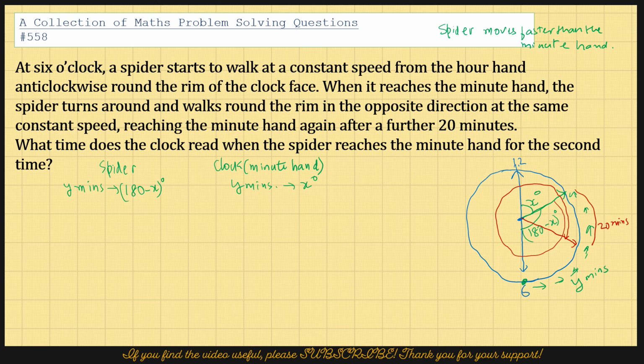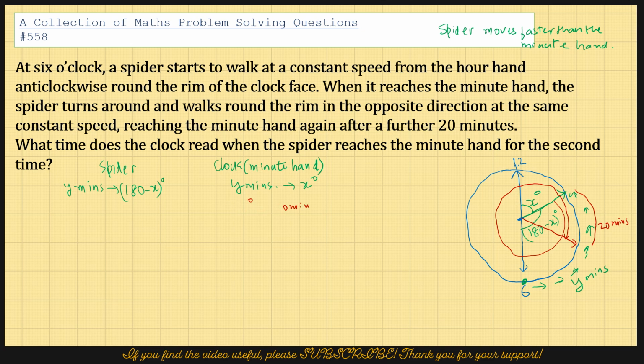So for the minute hand, we know some things. We know that the minute hand moves 360 degrees in 60 minutes.